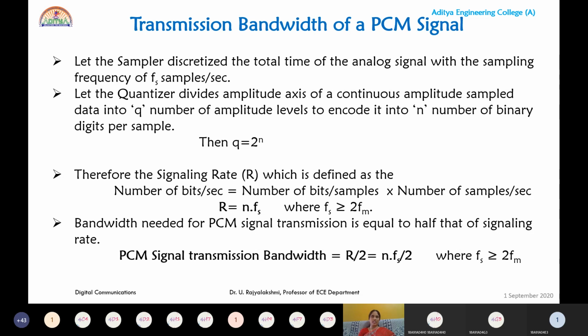Tell me in terms of signaling rate and in terms of the message signal frequency. Meanwhile, I will share the module 4.